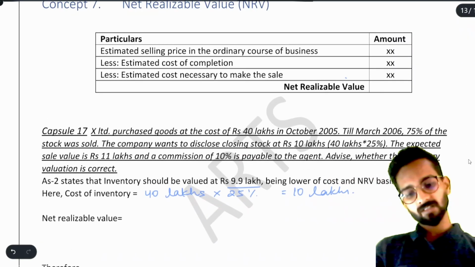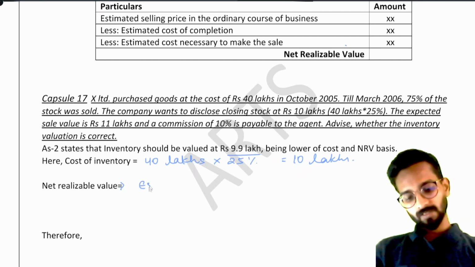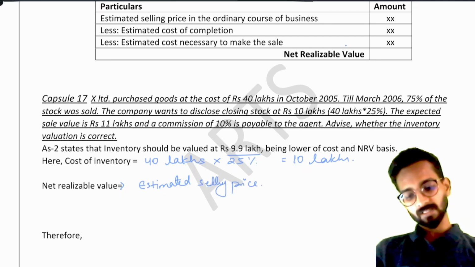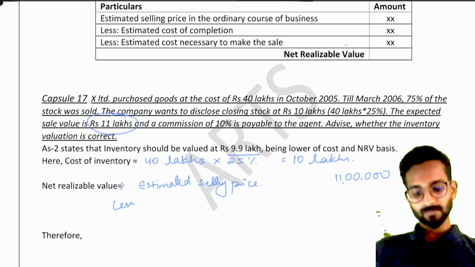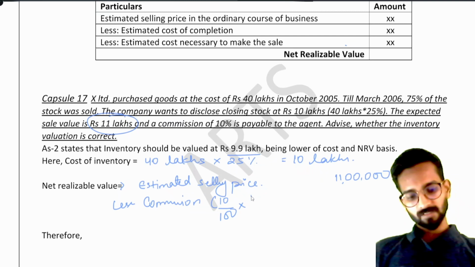We have just learned the formula: estimated selling price is how much? 11 lakh, less commission 10% of selling price. 10% of 11 lakh, so your commission will be 1 lakh 10,000.